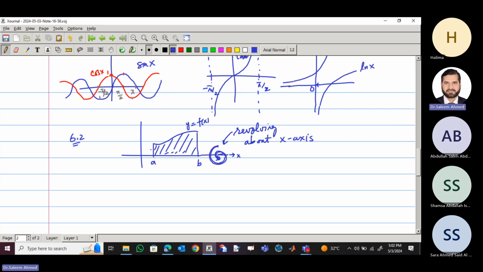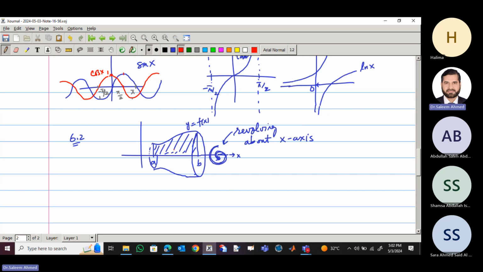Then what happens? You see this curve, this point will come down and go up, so the curve will go around like this. Every point is rotating in circles.